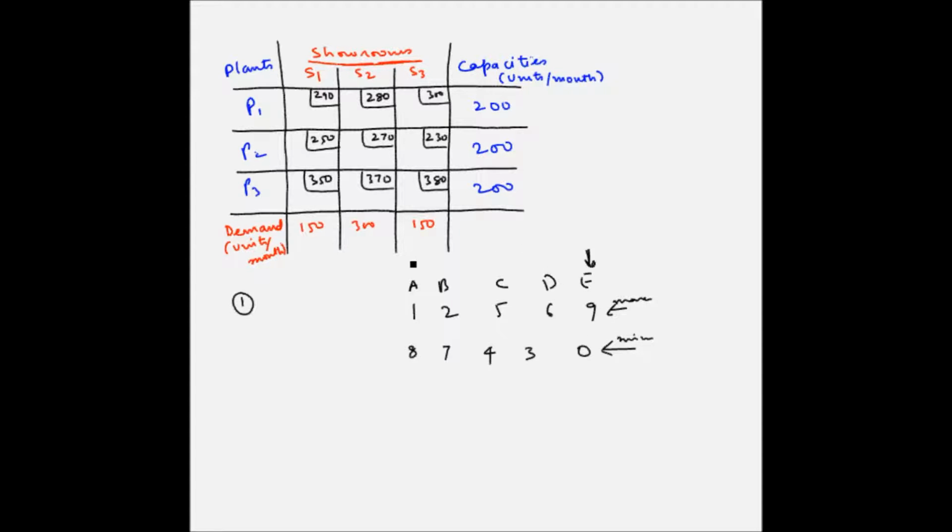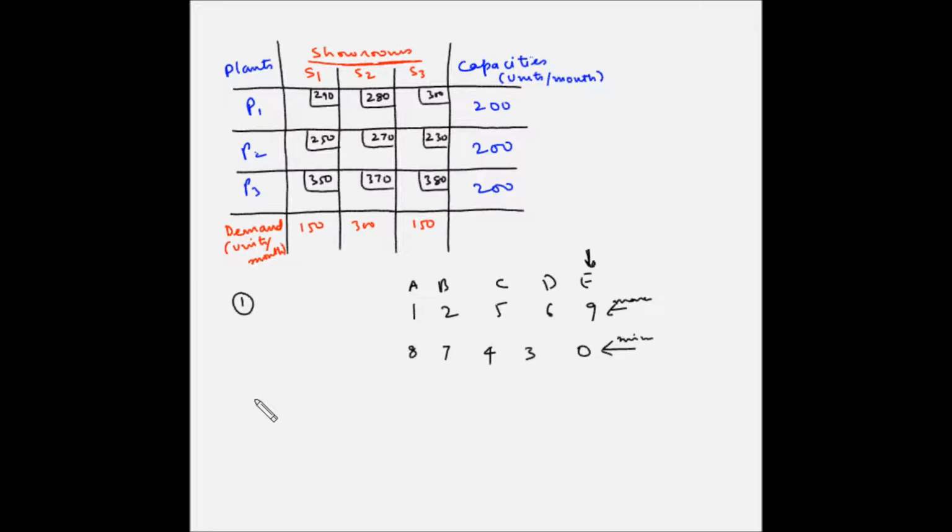So that is what option number 1 says. Subtract all the profit values from the largest profit value, and that will reverse the value of all these numbers, and then we can solve this problem using the minimization method.